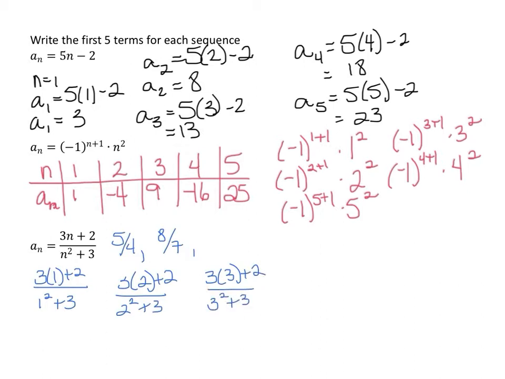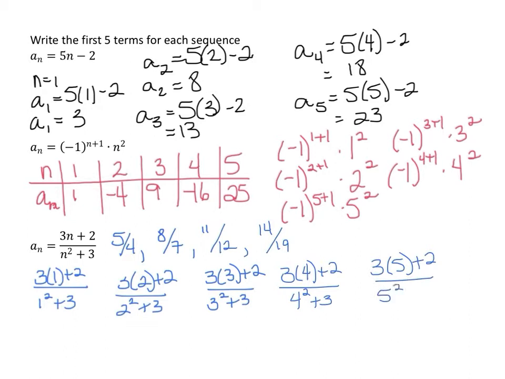So that's 11/12. We have 3 times 4 plus 2 over 4 squared plus 3. So that's 14/19. And then the last one, 3 times 5 plus 2 over 5 squared plus 3 is 17/28.